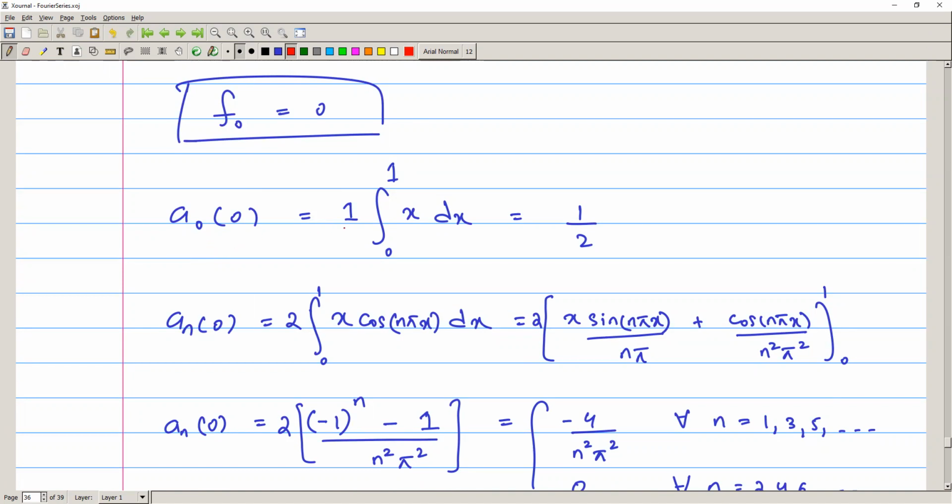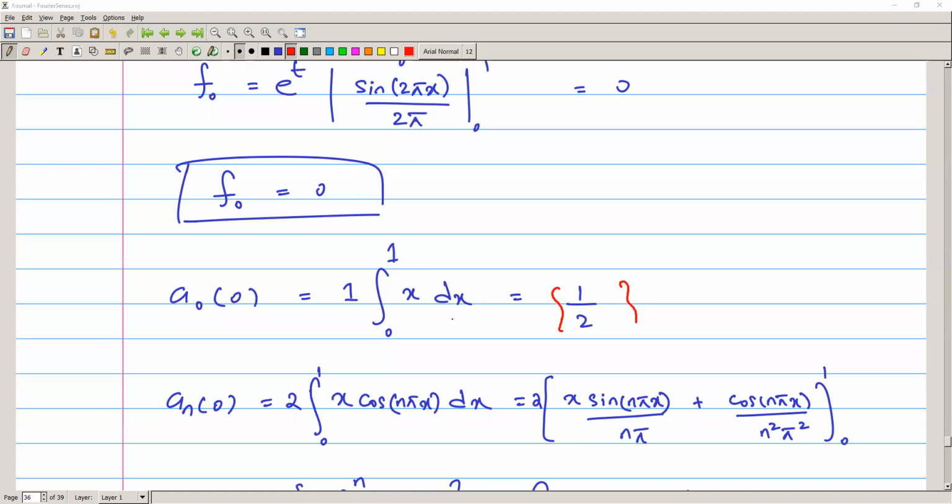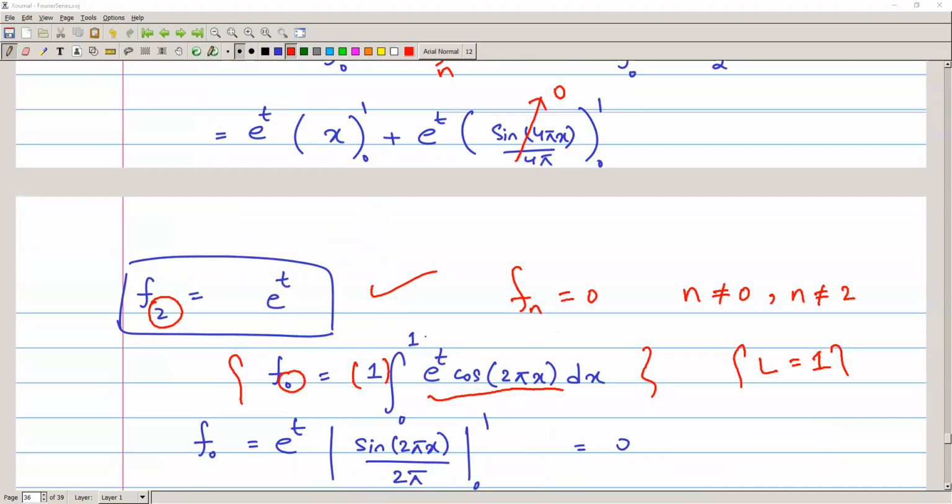So a naught is equal to 1 over L times the integral of the initial condition dx. So this is equal to 1 over 2 because the initial condition is given as x, right? Or we can check for the initial condition. So the initial condition is x here.